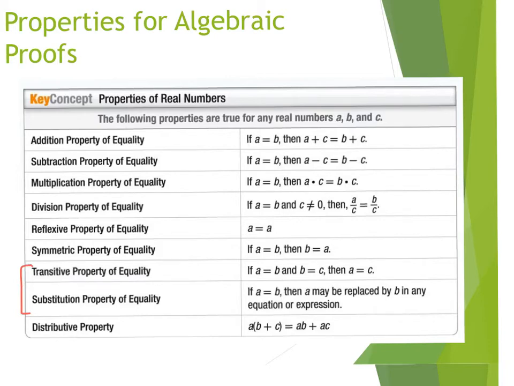Transitive and substitution. The transitive property is very similar to the law of syllogism. In fact, you could say that syllogism is the letters and words version of the transitive property. What the transitive property means is that you can connect information. So if A equals B and B equals C, then you can conclude that A is equal to C. We'll be using transitive a lot.